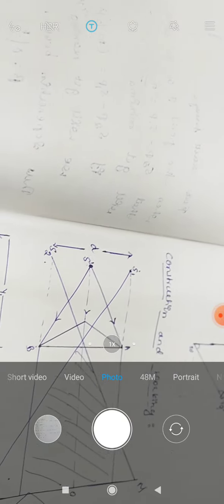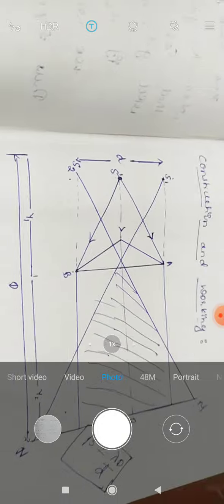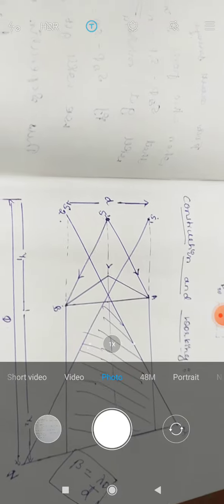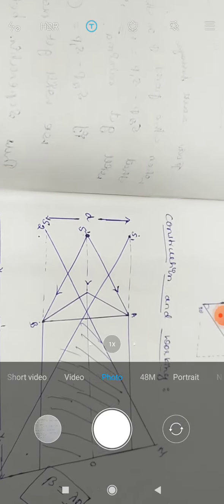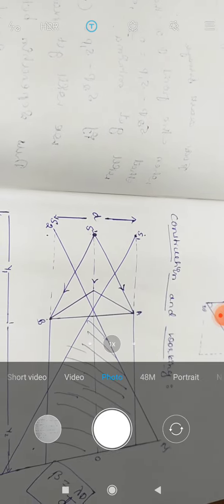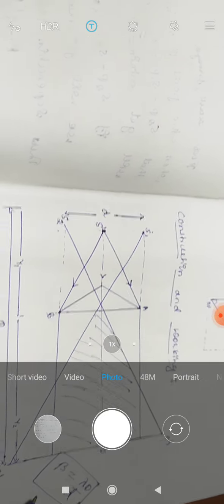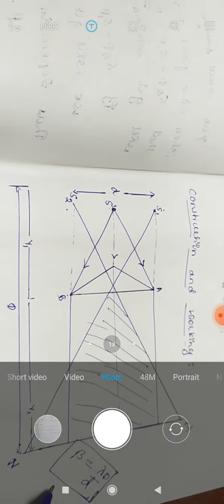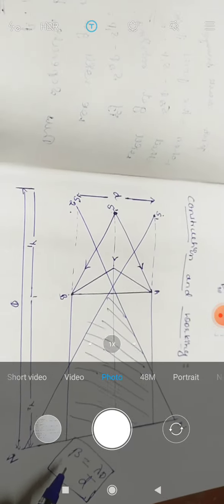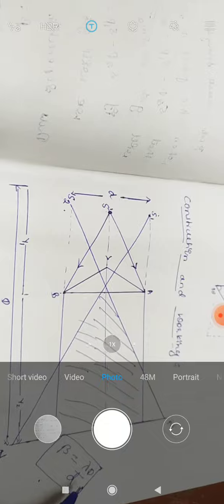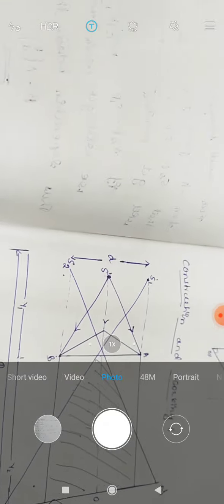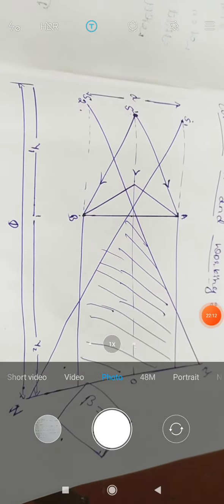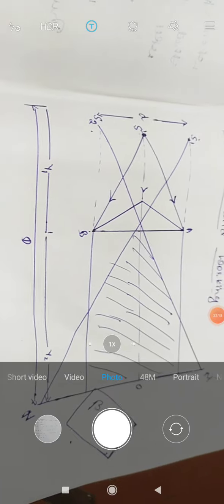We already derived this expression in the last class, in Young's double slit experiment, so we adopt the expression of beta from there.